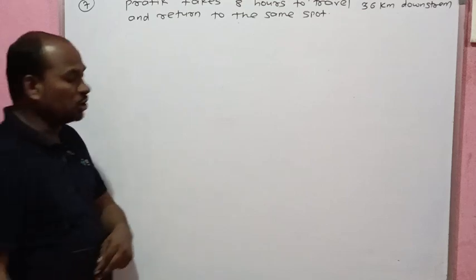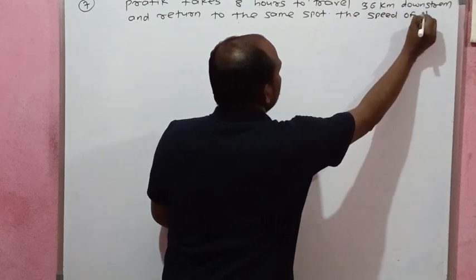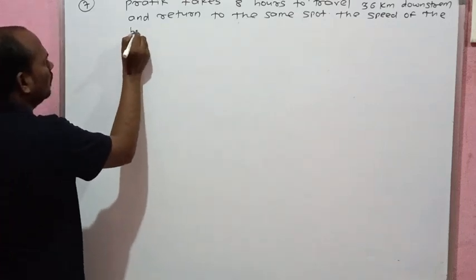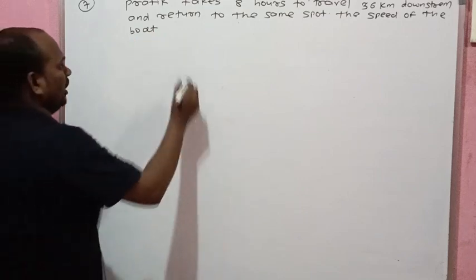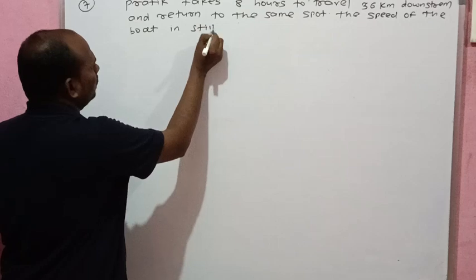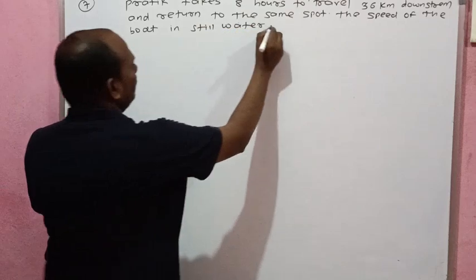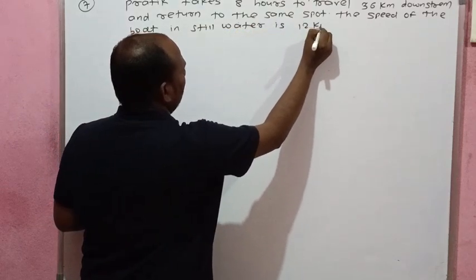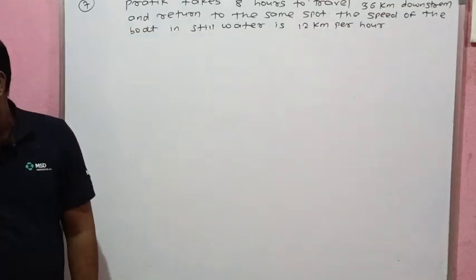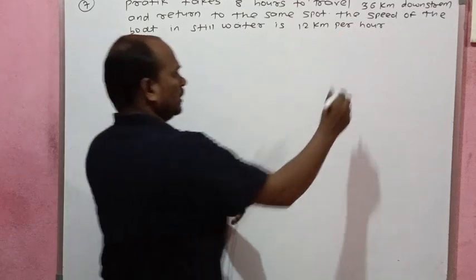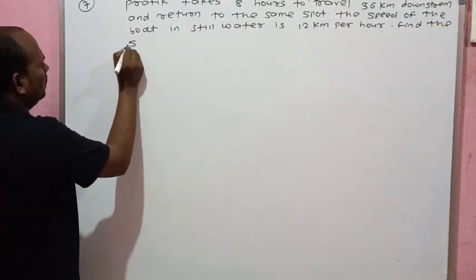The speed of the boat in still water is 12 kilometer per hour. Find the speed of water current.